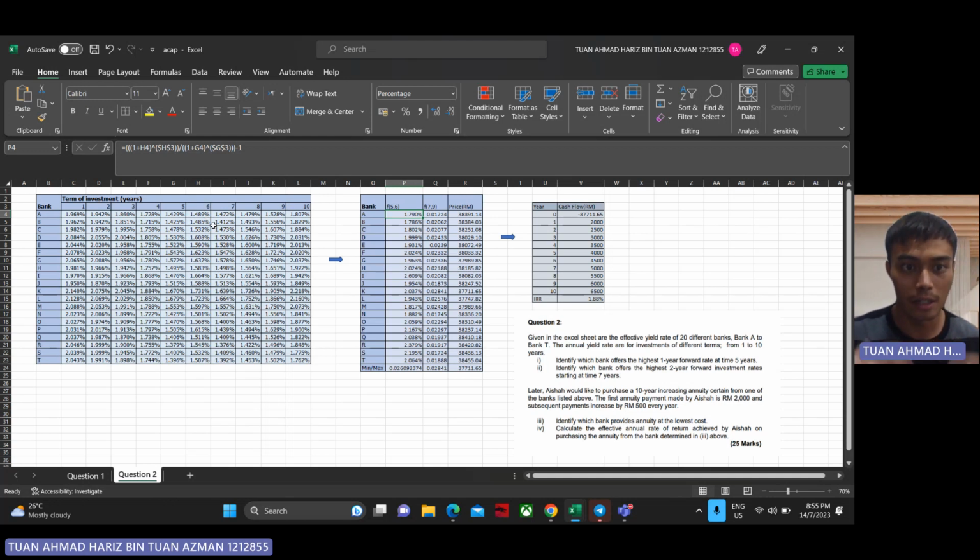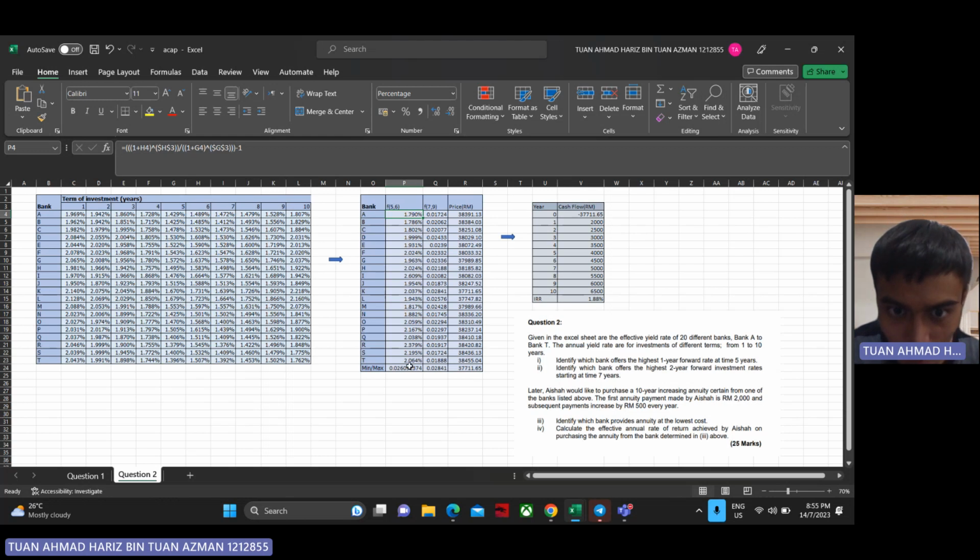And then divide by, in the bracket, 1 plus spot rate 5, which is 1.429%, and then to the power of 5. And then close the bracket and all of that minus 1. And then by that, we can calculate and get our 1 year forward rate at time 5 years for bank A. And then the same goes for bank B until bank T.